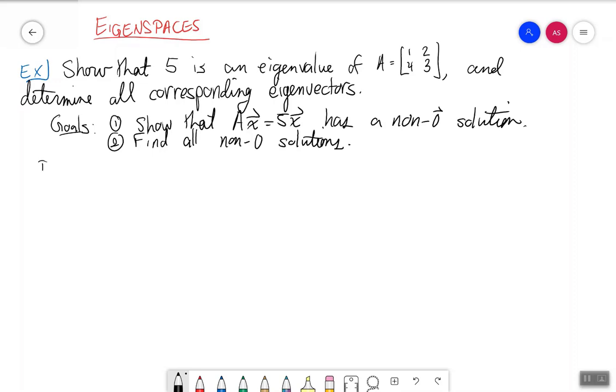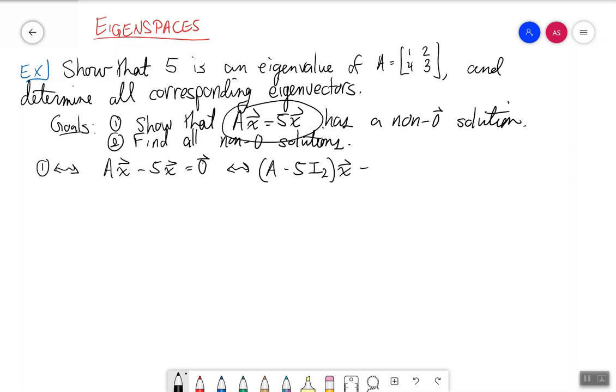Let's start with 1. Well, this equation over here is the same, if we move everything to one side, as saying Ax minus 5x equals 0. We can then factor out an x to get A minus 5 times the identity matrix, if you want to be specific, the 2 by 2 identity matrix, times x equals 0.